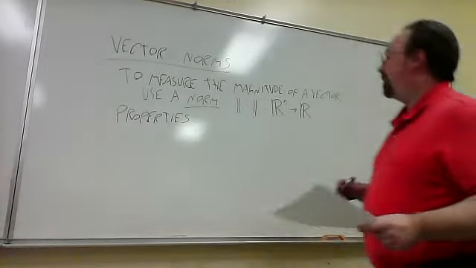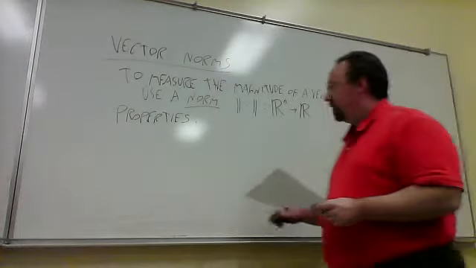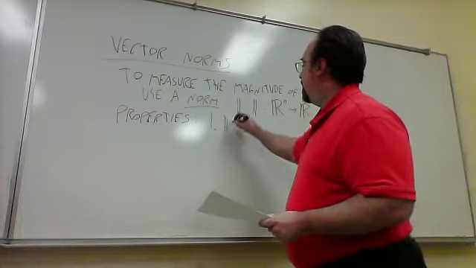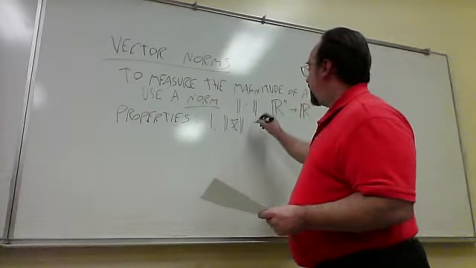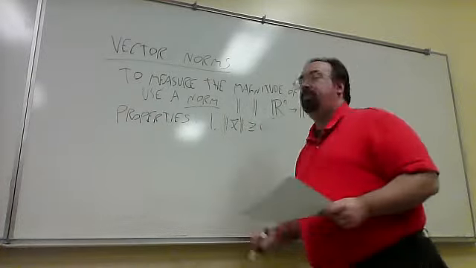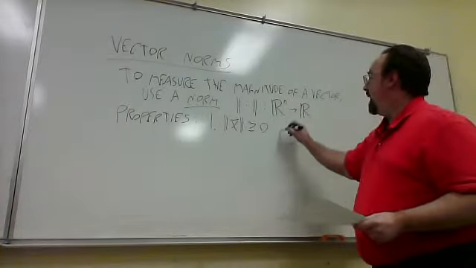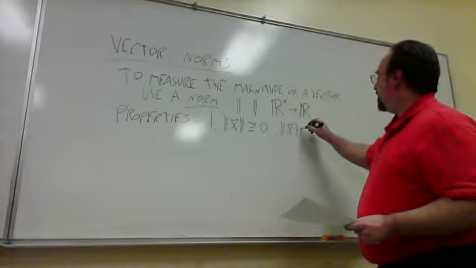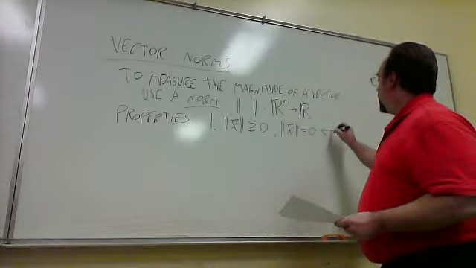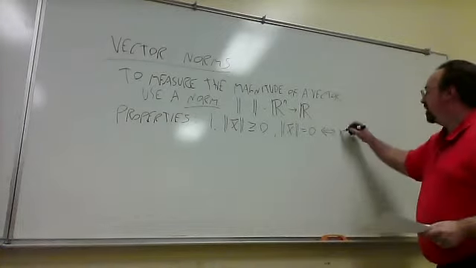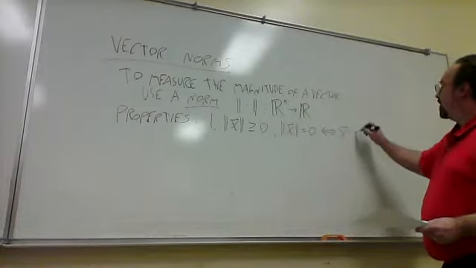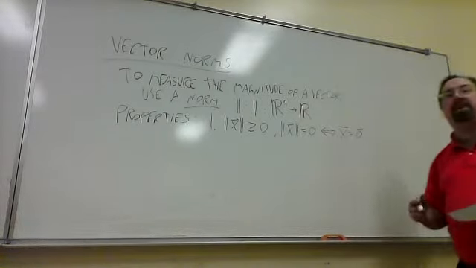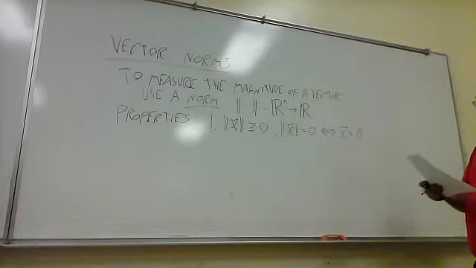In order for a function to be a norm, it has to have these properties. First, the norm of a vector cannot be negative, and in fact, it must always be positive unless the vector you're taking the norm of is the zero vector. So the norm of x is 0 if and only if the vector itself is 0.